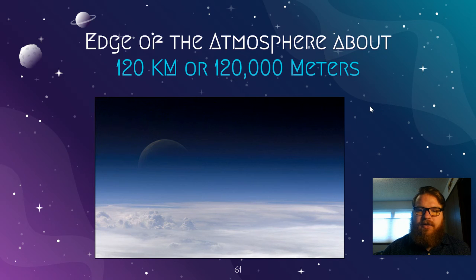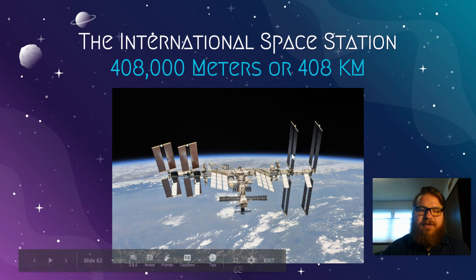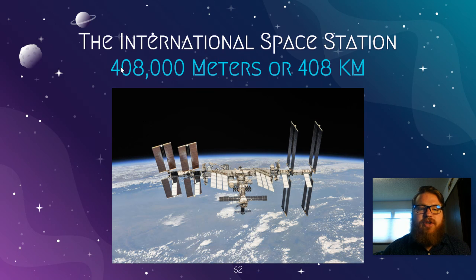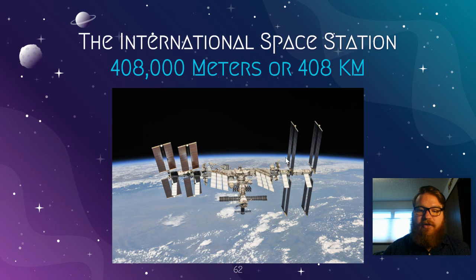Well, if you're an astronaut, you get to go to the International Space Station. The International Space Station is floating right above the Earth's atmosphere at 408,000 meters, or 408 kilometers up in space. And you can see the Earth in the distance there, and just how far away they are.